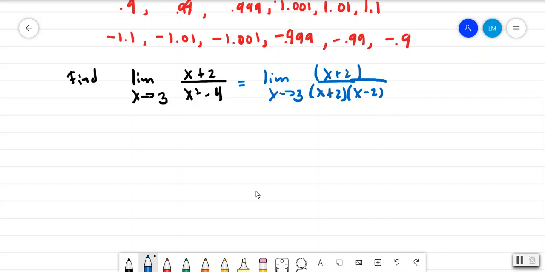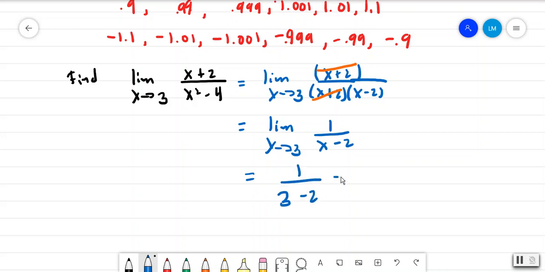Two factors cancel out, which gives you the limit as x approaches 3 of 1 divided by x minus 2. If you plug in 3, you get 1 divided by 3 minus 2, which is just 1.